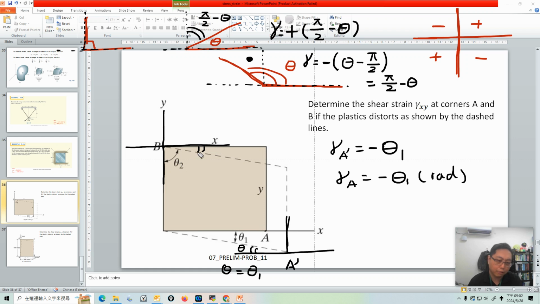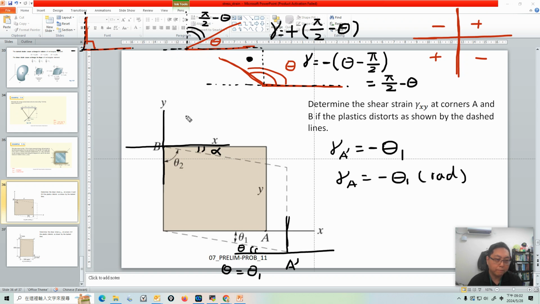What symbol should I use? It's okay, I call it alpha. The angle change is alpha. Initially it is horizontal, and after deformation it is tilted, so the angle change is here.